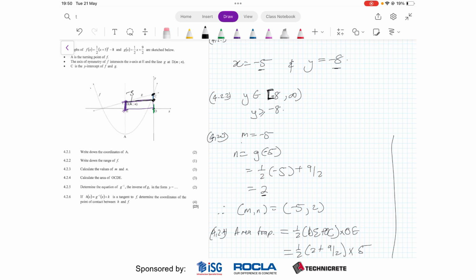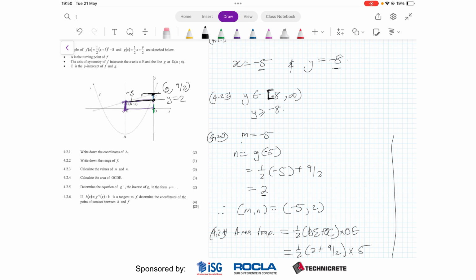We know that this line right here is the line y equals 2, and we know that the coordinates of C are given by 0 and 9/2.